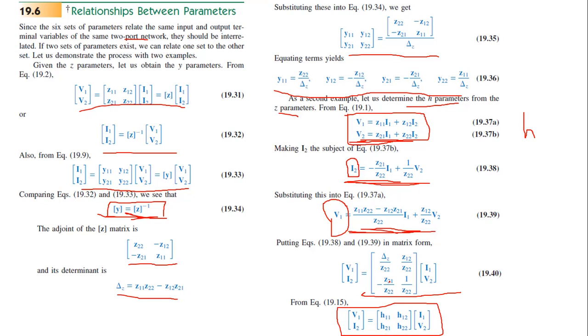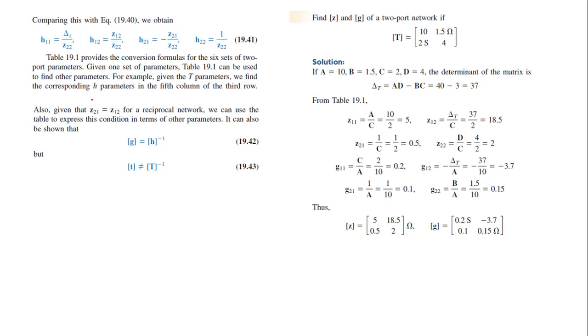So H11 will be equal to determinant of Z by Z22. Similarly, H12 is equal to Z12 by Z22, H21 is equal to minus Z21 by Z22, and H22 is 1 by Z22. So comparing, we will get these equations, right?